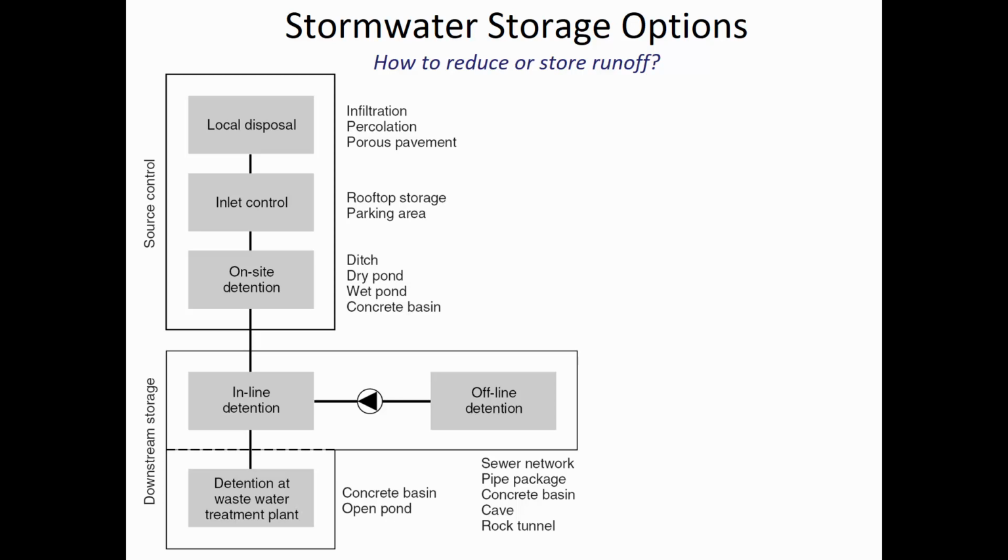And so local disposal is preferred because it's trying to reduce the runoff volume by decreasing the C value of the surface. And so that may be amending soils to try and promote infiltration and percolation, and one of the ways to do that is the porous pavement that we saw the video on before.